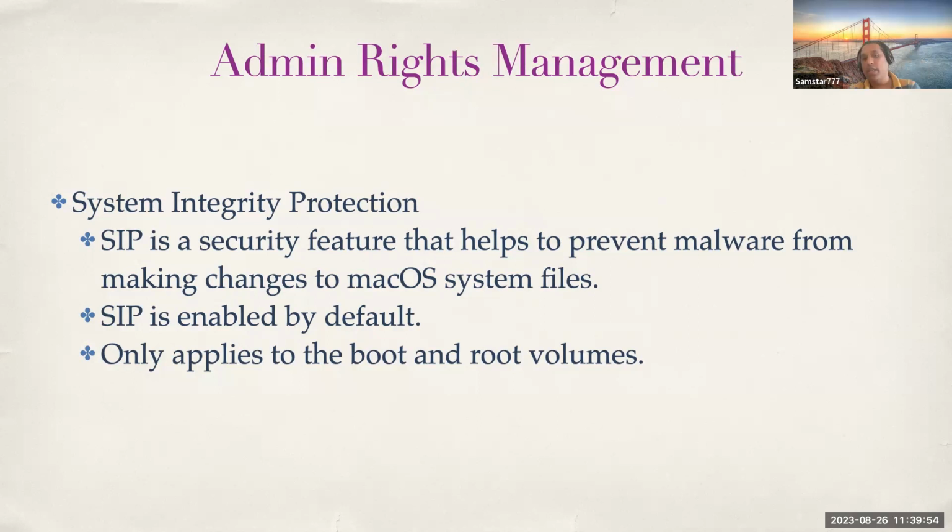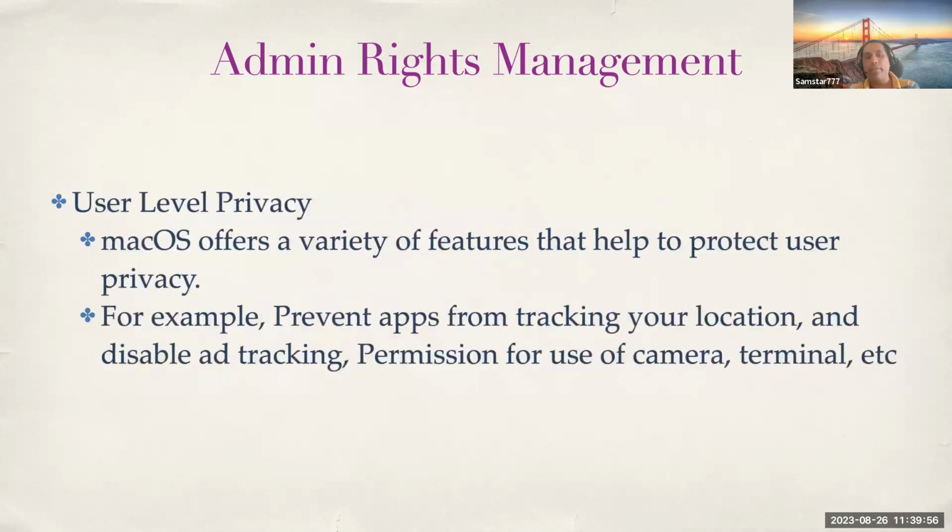And last but not least, one more protection we have is user-level privacy. Apple has always put in place protection for user data, where permission to access data must be granted either by the user or by MDM. You may remember that whenever we need to share a screen, we get a prompt where we need to allow certain permissions: screen recording permission, camera permission, terminal permission.